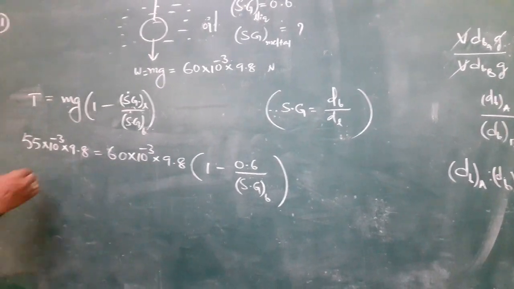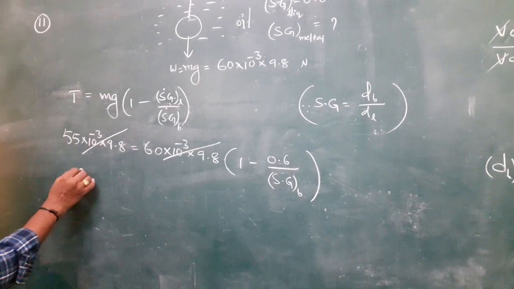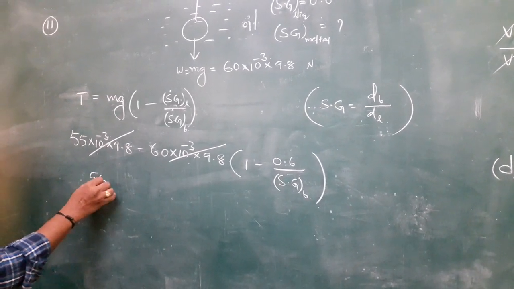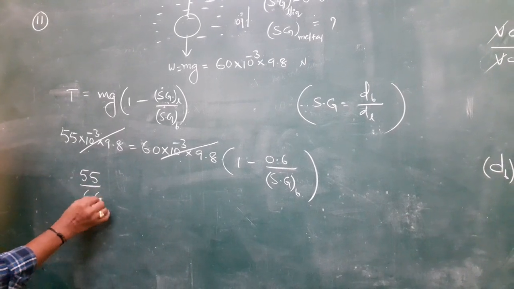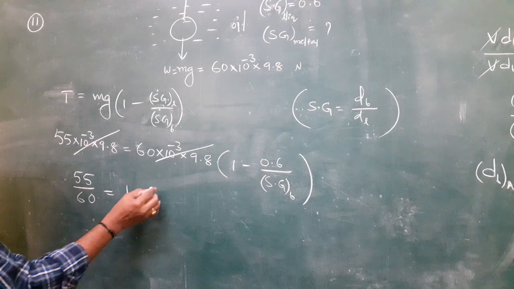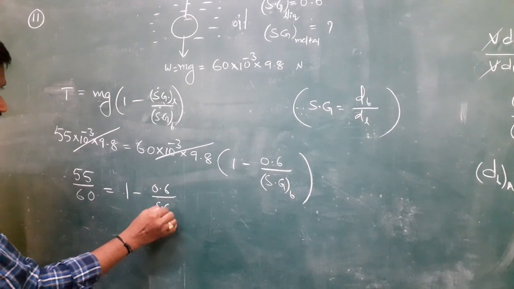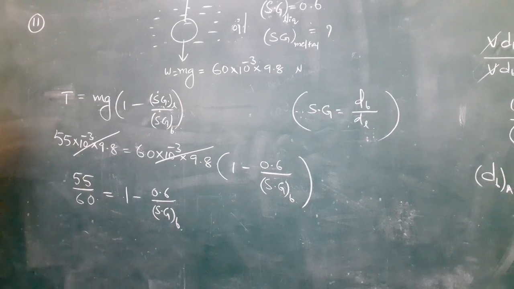So this gets cancelled. 55 divided by 60, that is 11 by 12, is equal to 1 minus 0.6 divided by the specific gravity of this body.